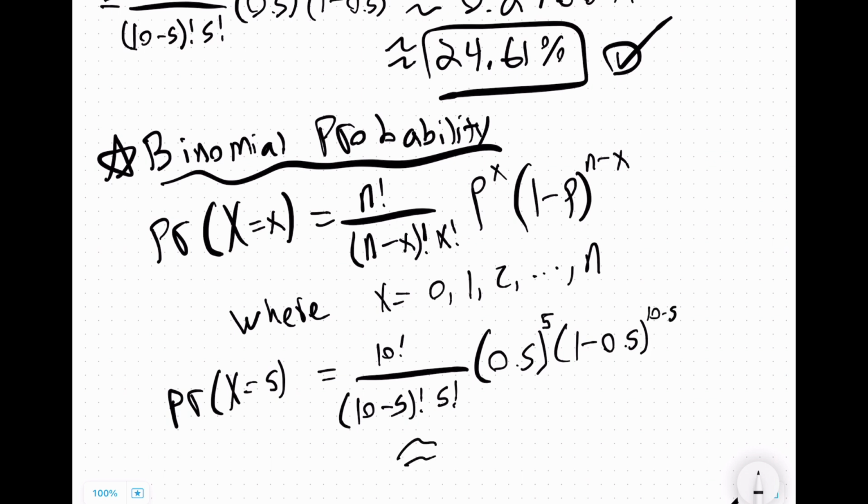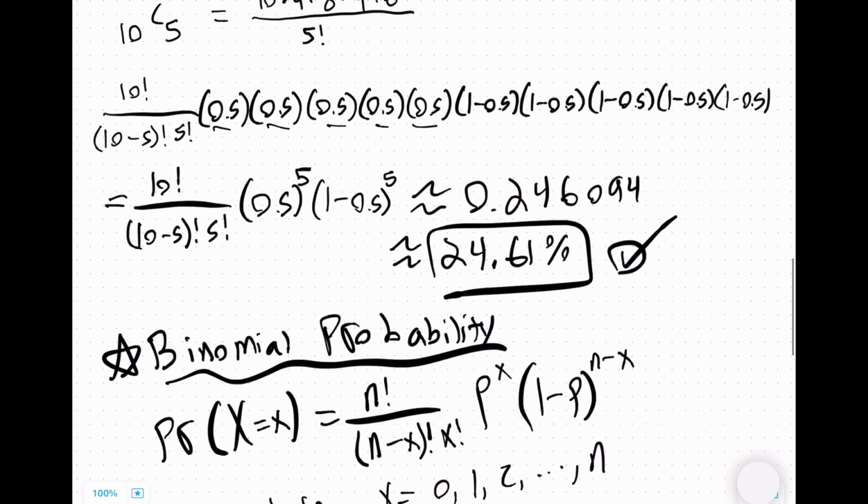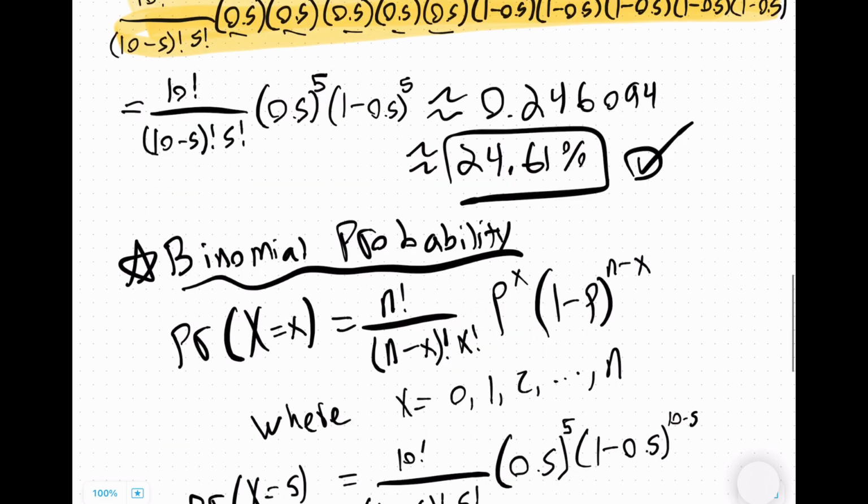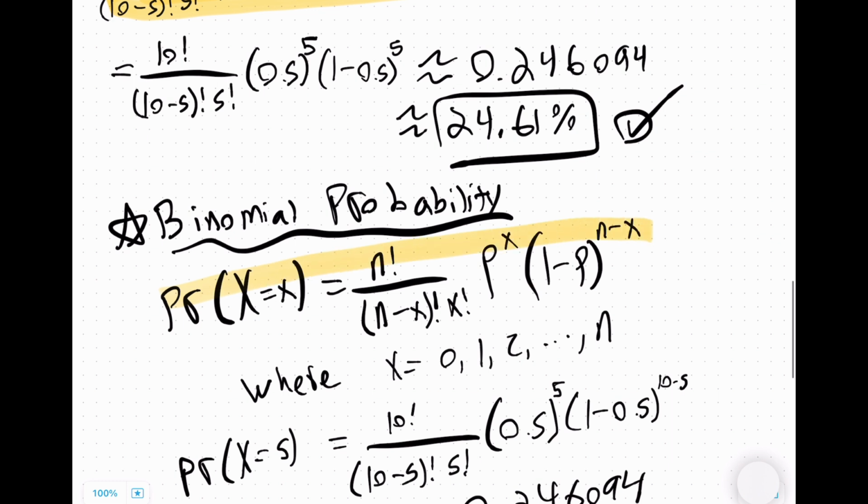Again, throw that into a calculator, we get about 0.246094. Now the point of this example, when we were getting this calculation here, was to try to build an intuition for our model, our general equation for binomial probability.